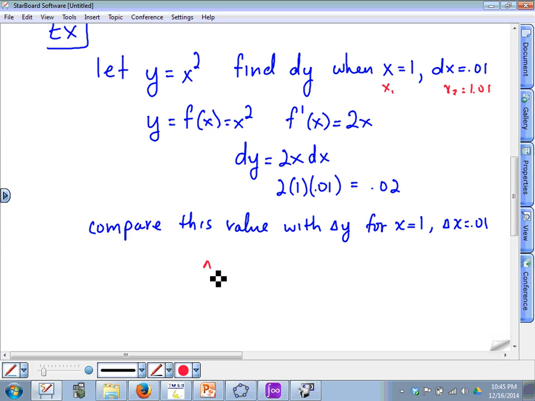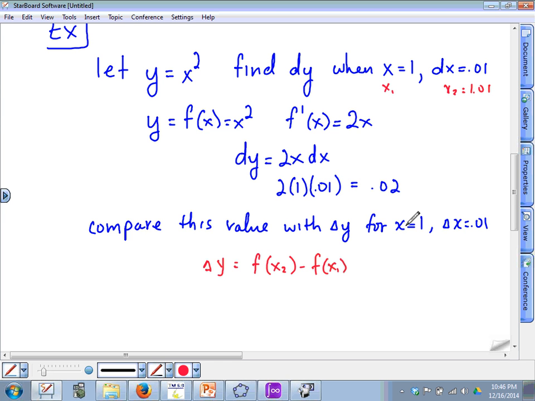So the change in y, or delta y, could be thought of as just f of x2 minus f of x1. It's kind of like finding slope, change in y over change in x. Change in y is f of x2 minus f of x1.